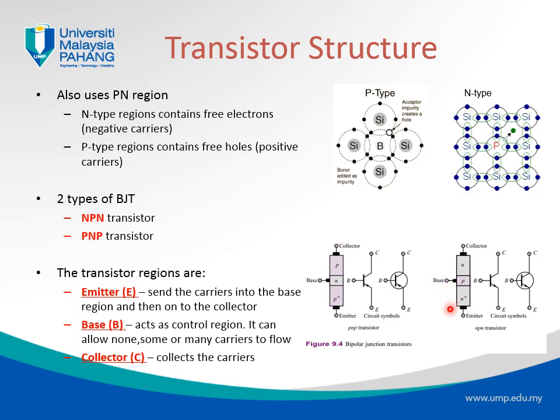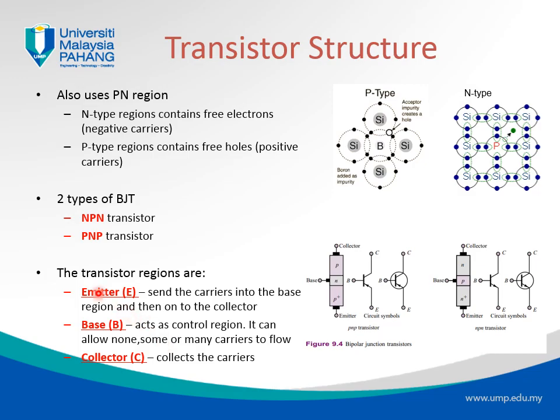as it's the opposite of what we have in PNP. In the middle we have the base, which is a P region, and around it we have the collector and emitter, which are made of N regions, right? So what is the emitter? We start with the base because it is the one in the middle. The base acts as the control region. It is the region that allows carriers to flow across the transistor, right?